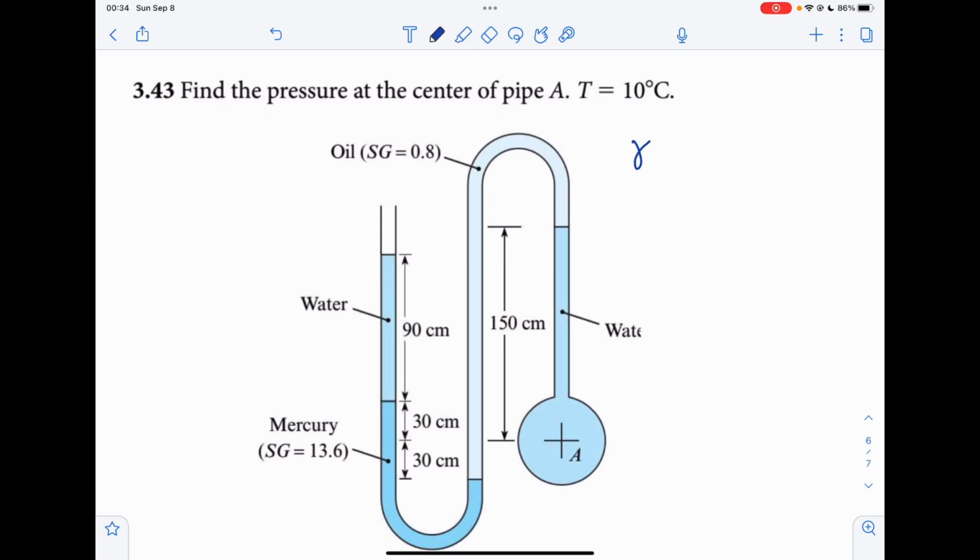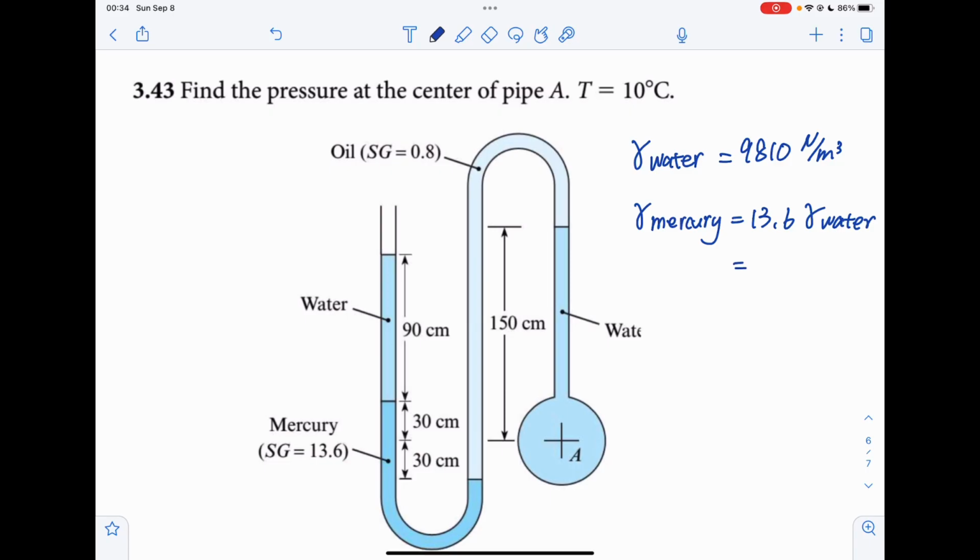The specific weight of water at 10 degrees Celsius is 9810 Newton per meter cubed. Gamma of mercury equals 13.6 gamma of water.